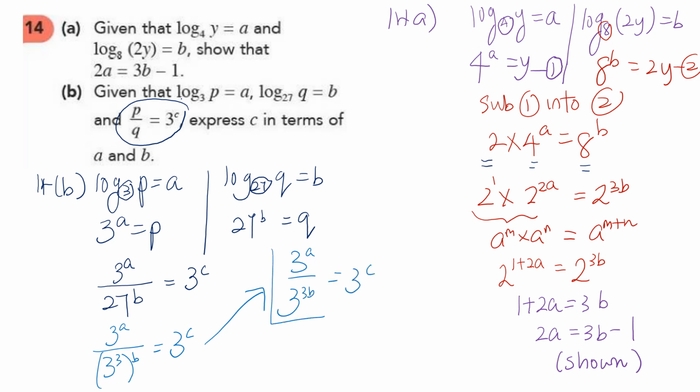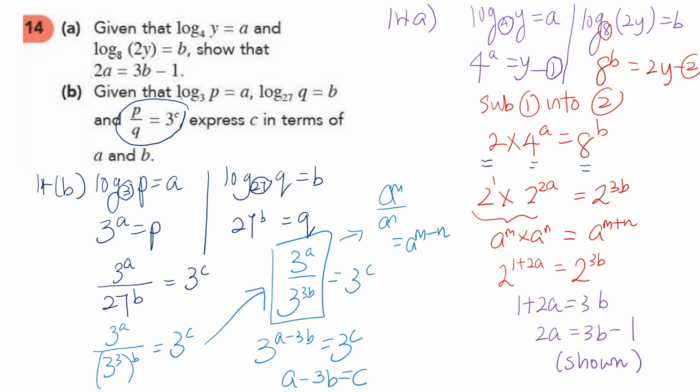And here, you can apply these rules. So that will give us 3 to the power of a minus 3b equals 3 to the power of c. And since we have the same base, we can just compare the powers. And that's how we make c in terms of a and b.